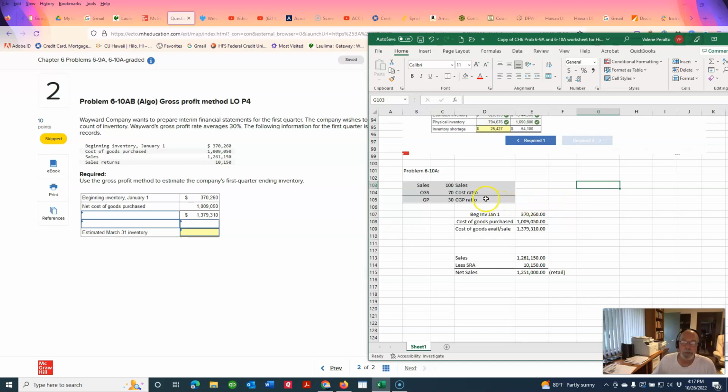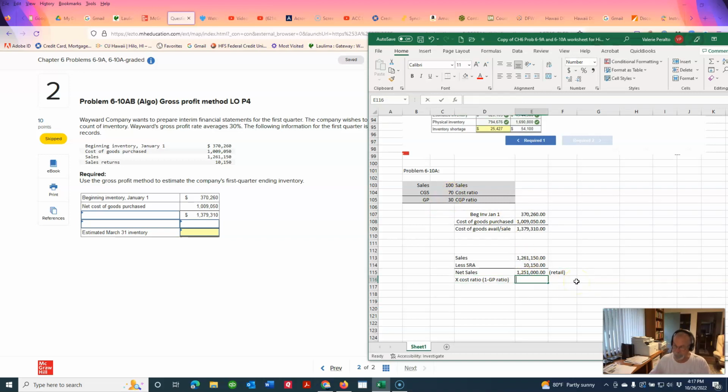So we can see that our cost ratio is 70. And so step 1 says multiply net sales at retail by our ratio, and in parentheses 1 minus our gross profit ratio. So if our gross profit ratio is 30, that means our cost ratio is 70.